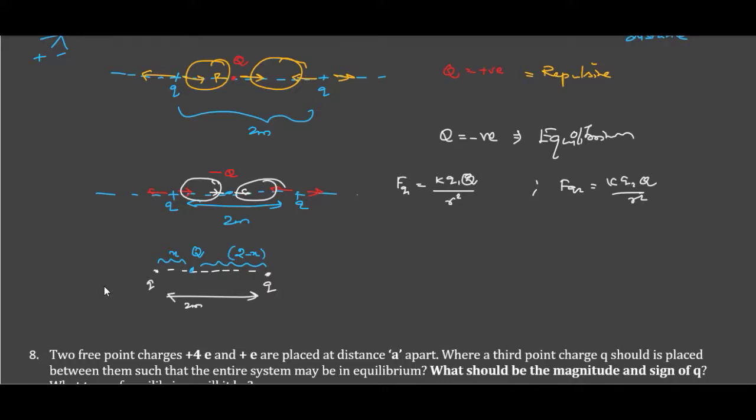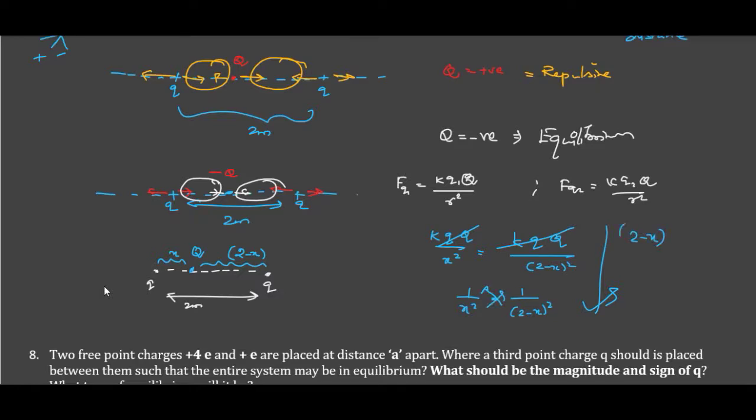So we substitute: k q divided by x whole square is equal to k q divided by 2 minus x whole square. So everything will cancel. We have 1 by x square is equal to 1 divided by 2 minus x whole square. So cross multiply this.